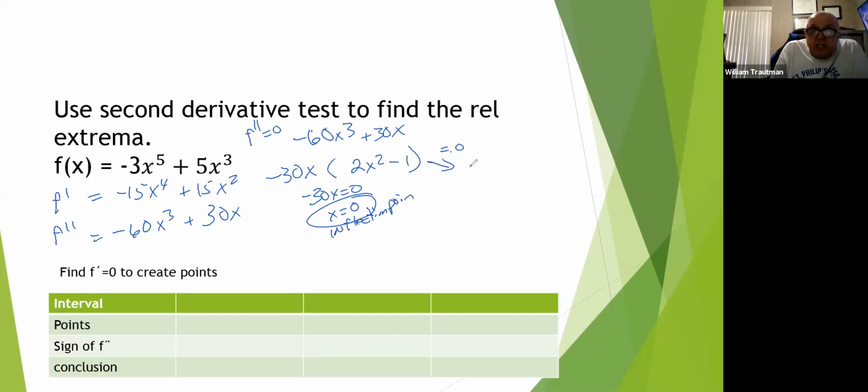The other inflection point, 2x squared minus 1 equals 0. Take the 1 over and divide by 2. I get x squared equals 1/2. Square root both sides. x equals the square root of 1 over the square root of 2, which really equals 1 over the square root of 2.